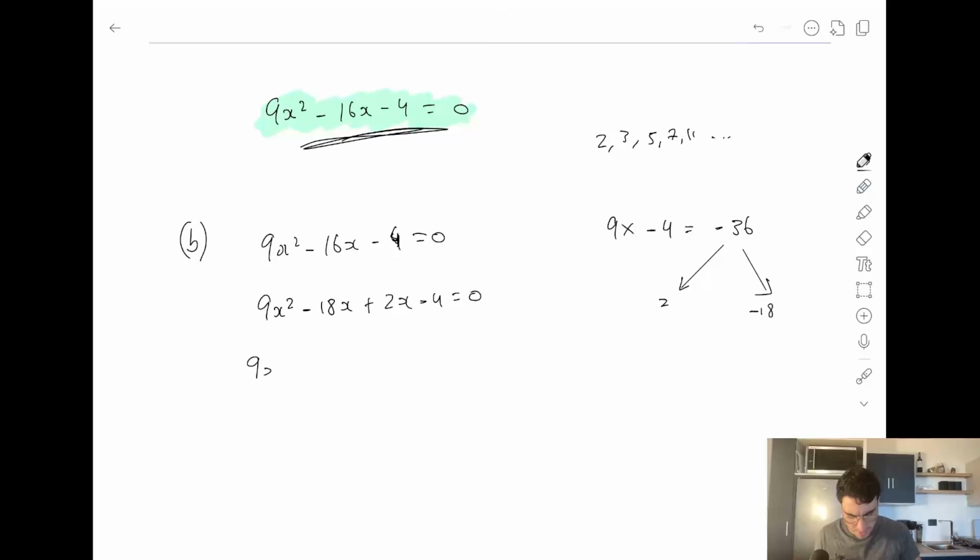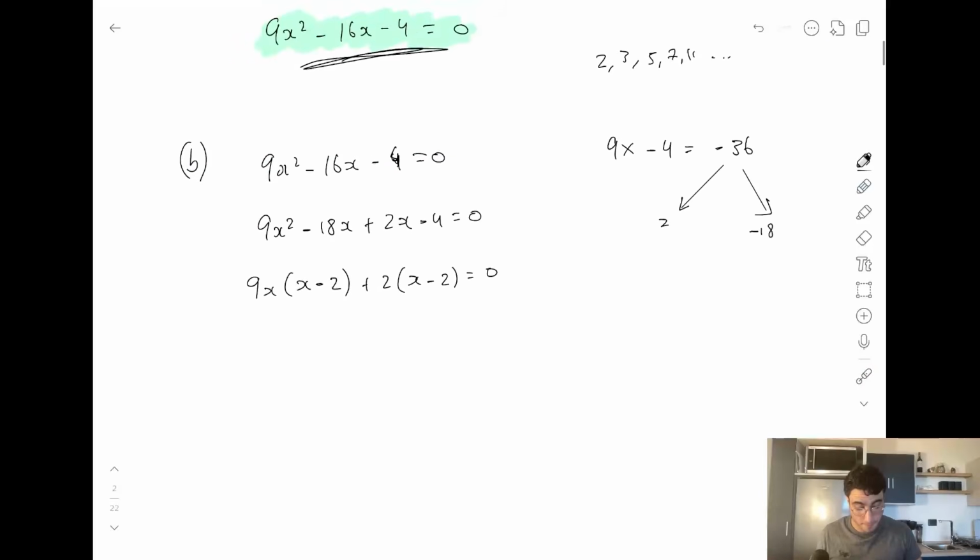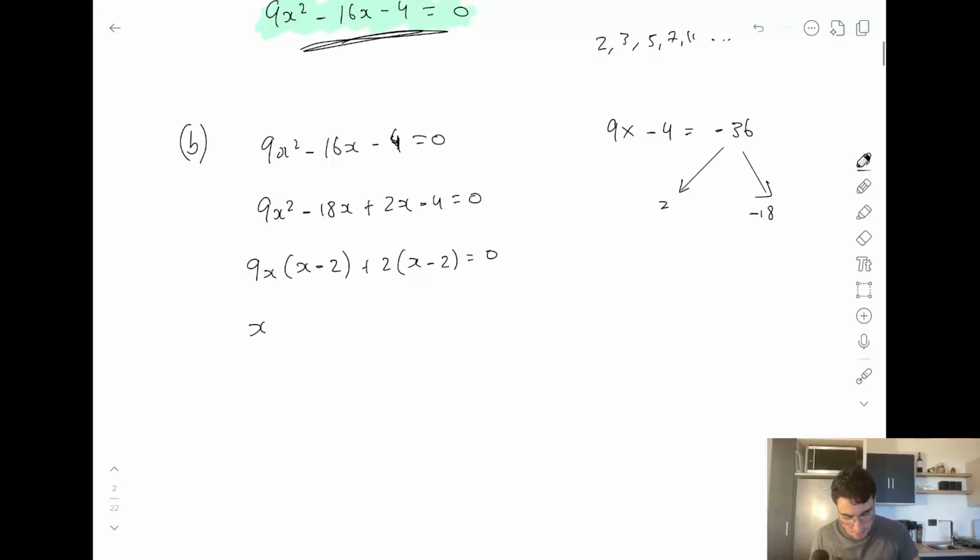So if I take out 9x here, guys, I'm going to get x minus 2 plus 2, x minus 2 here. As you can see, we now have a common factor of x minus 2, which means I can do x minus 2, 9x plus 2 is equal to 0, x equals 2, or x is equal to negative 2 over 9.